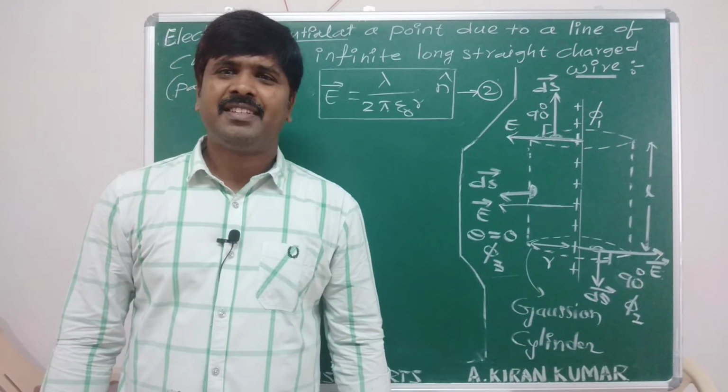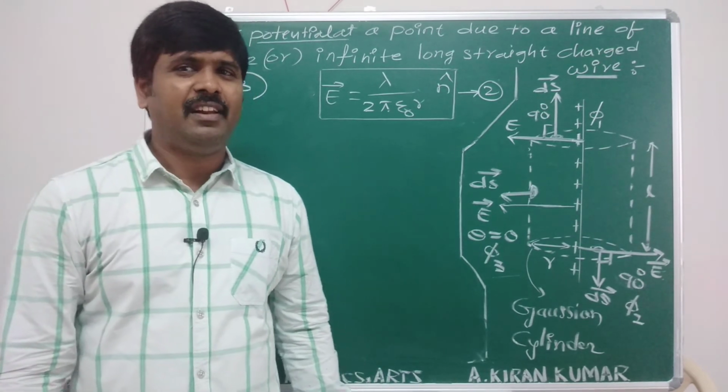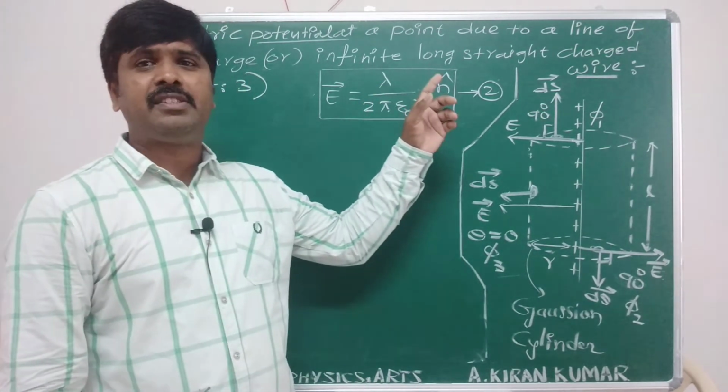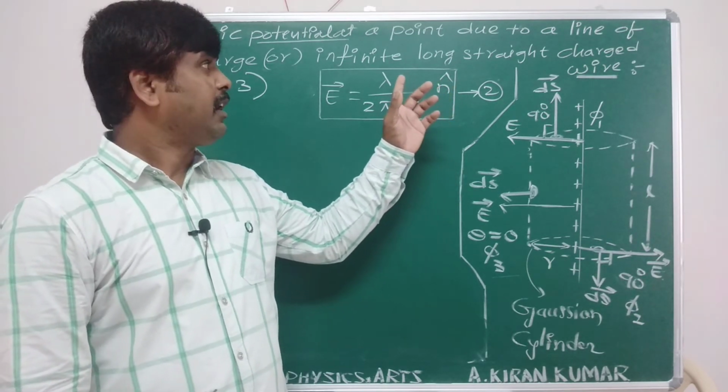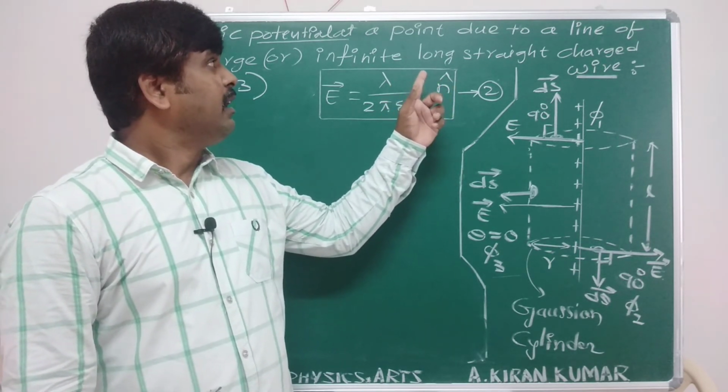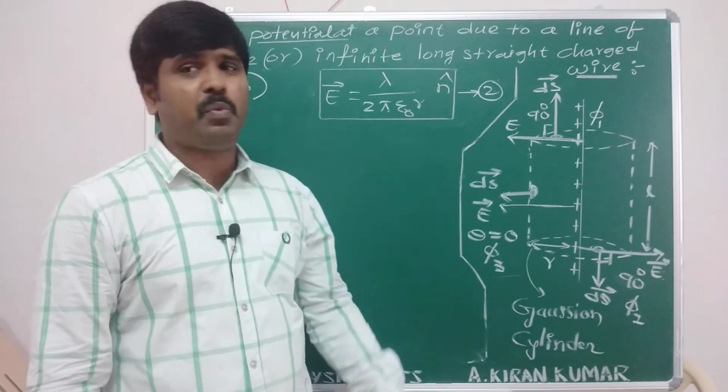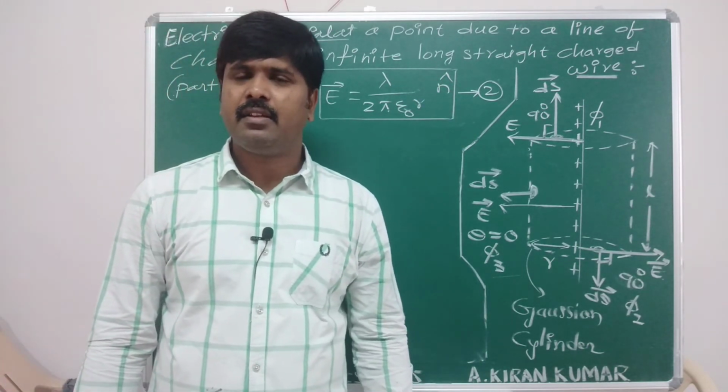Now we will discuss the electric potential of the uniformly charged line, that is the line charge, or another name is the electric potential of an infinite straight charged wire. Think practically here.